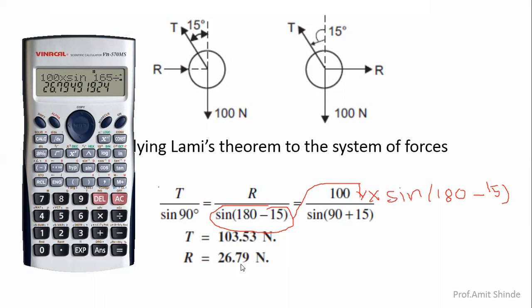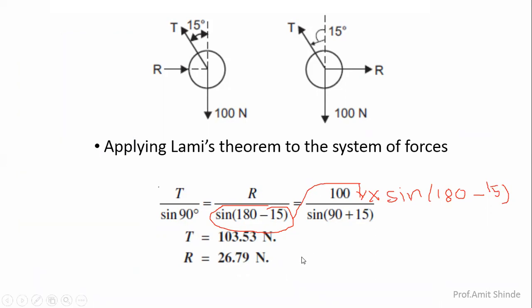Now simplify the term, you will get 26.79 Newton. This is the reaction developed at the support or at the wall, 26.79. This reaction as well as the tension in the string we have found by using Lami's theorem. It is very simple terms and a very simple calculation to be done.